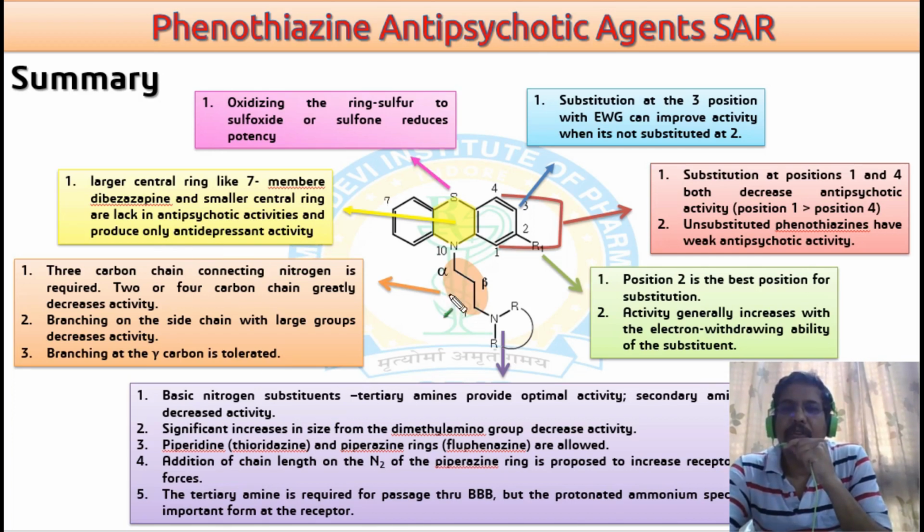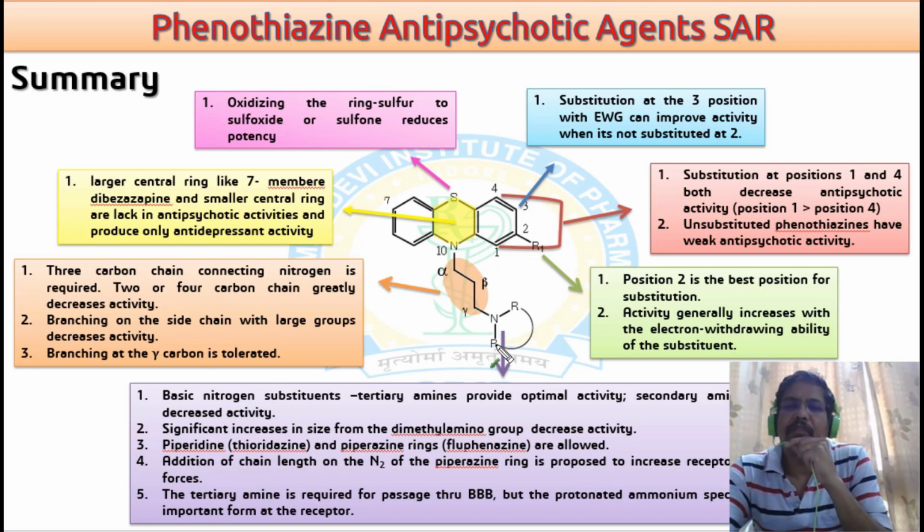If you look at the chain linker length, the 3-carbon length is optimum for antipsychotic activity. If we deviate from that, then the activity decreases or the nature changes from antipsychotic to anticholinergic. If we go for substitution on alpha or beta positions, then again the activity decreases.